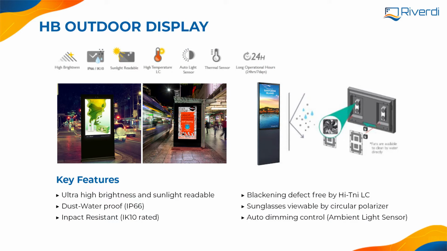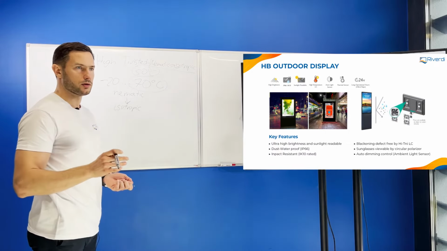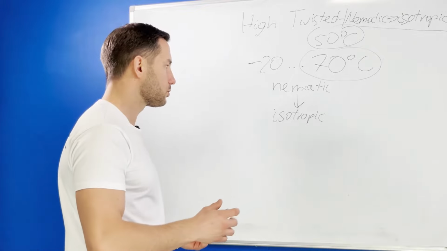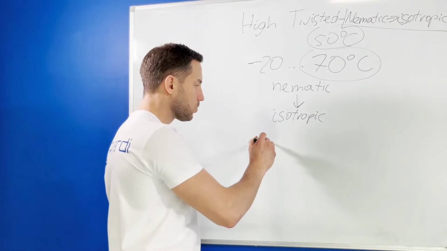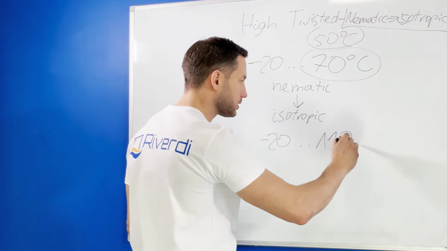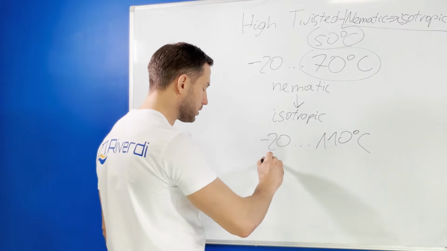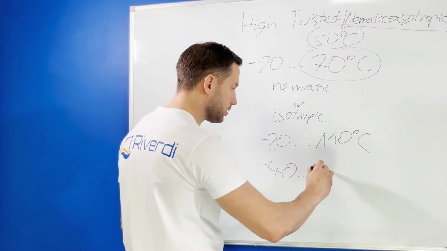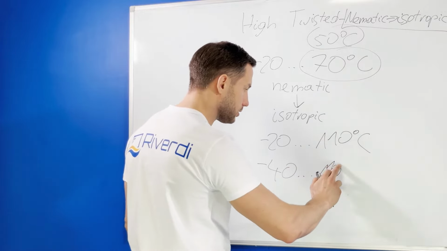And this is an example from an AUO presentation about high TNI displays and outdoor displays, basically. So we have two cells, two liquid crystals that we can use. One is like minus 20 up to 110 degrees, and the other one, the latest one, is minus 40 up to 110.